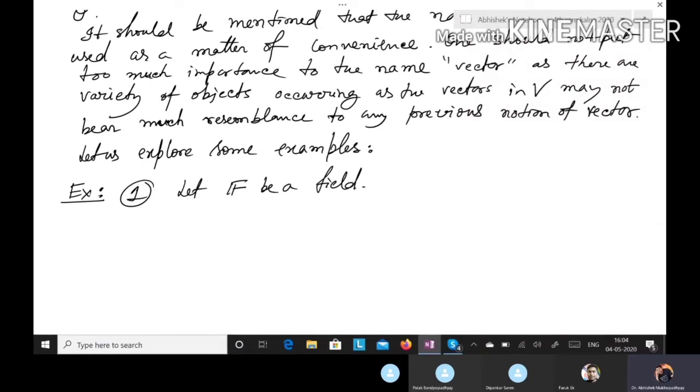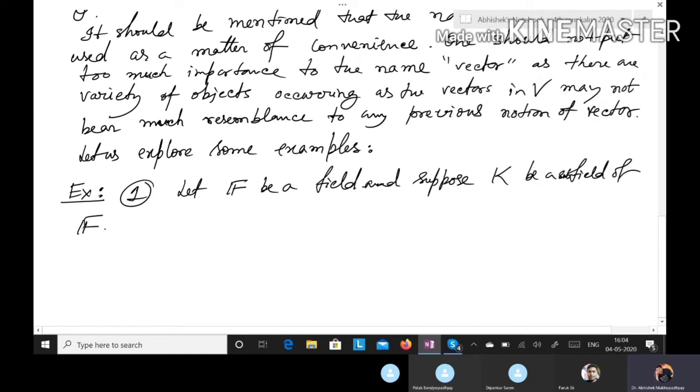So let us consider a field F, and suppose K is a subfield of F.